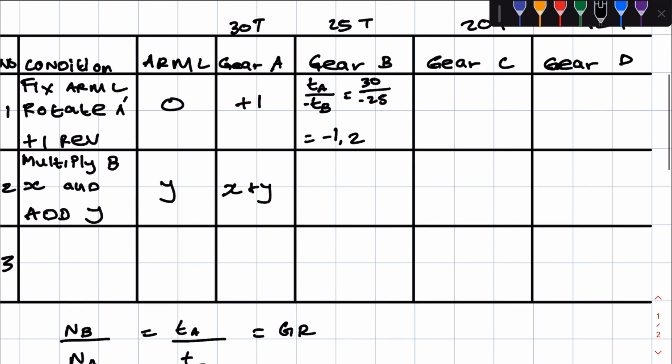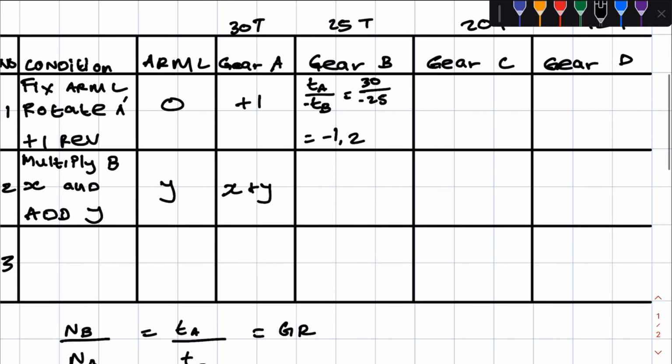So x is 3.25 plus y, which was 6.5. If you punch this in your calculators, you're going to get 9.75 revs per minute. Because this is positive, it means gear A is going clockwise. That's the rotational frequency of gear A.